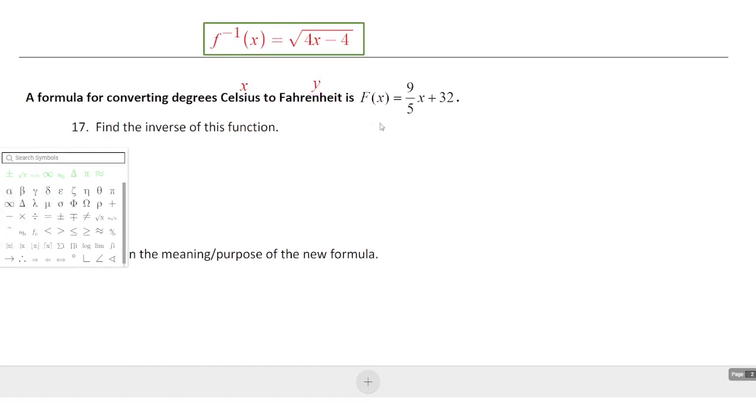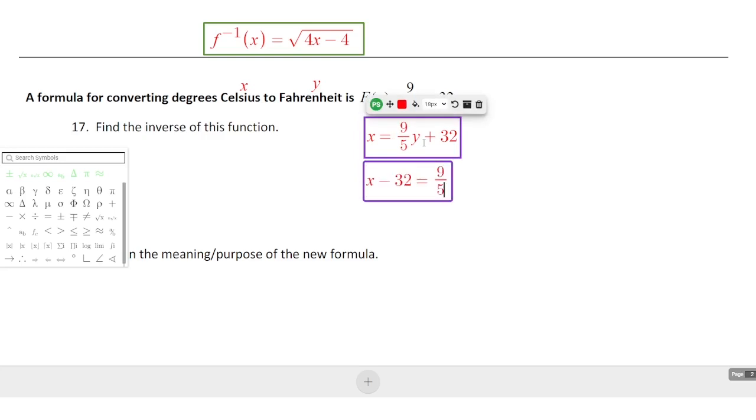We'll start by swapping x and y. Now to solve for y, I'm going to start by subtracting 32. And then I guess I'll take this in 2 steps. Could get away with just dividing both sides by 9/5, but I think it might be easier just to first multiply everything by 5.